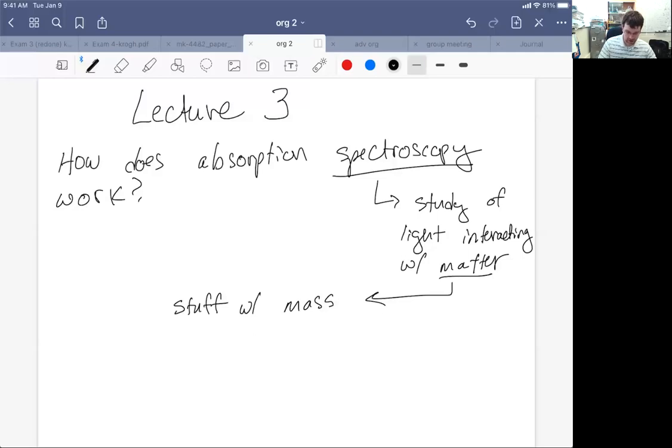If you recall, light is massless stuff moving at the speed of light.